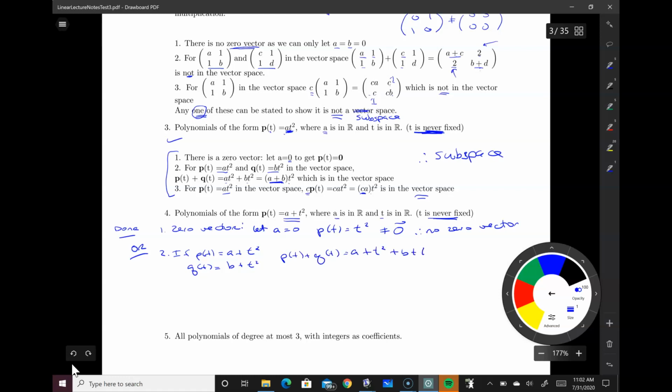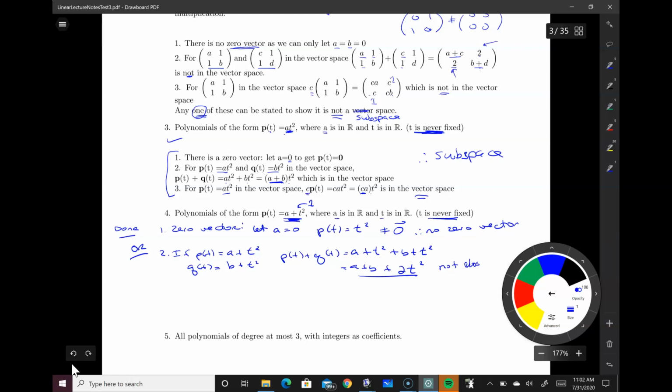I would have a plus b plus 2t squared. This polynomial does not fit this form because this form says there has to be a 1 in front of the t squared. So this is not in the space.